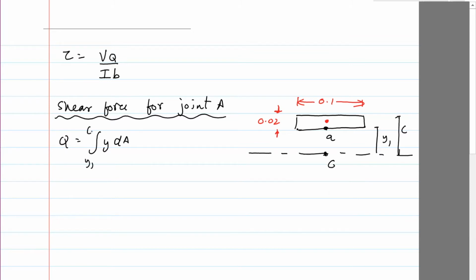That integral you could actually do by taking a small element and integrating, or this thing is actually also equal to the centroid, let's call that y1, from the neutral axis times the area, and this is the area.